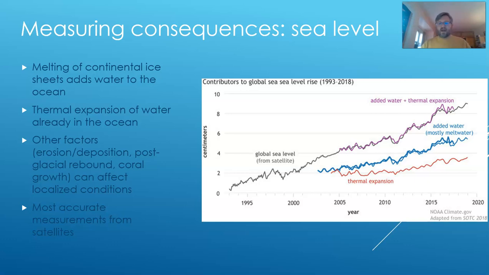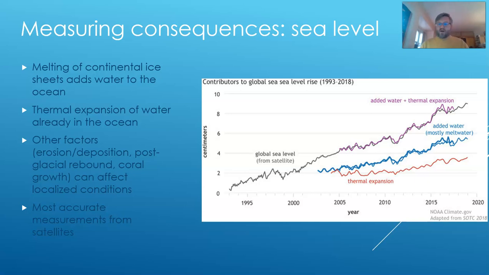What you see on the graph there is sea level rise. The black shows our measurements of sea level rise based on satellites. Our satellites can tell how high the sea level is. They can measure that directly. And then the red and blue lines show us the components of that we can attribute to thermal expansion and added water, which is mostly meltwater from those glaciers.